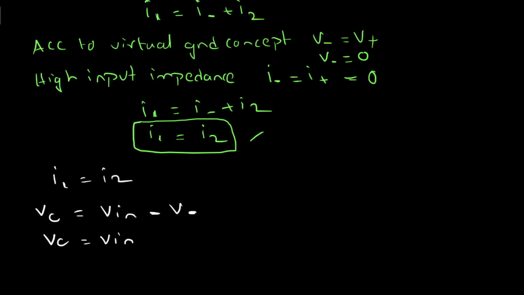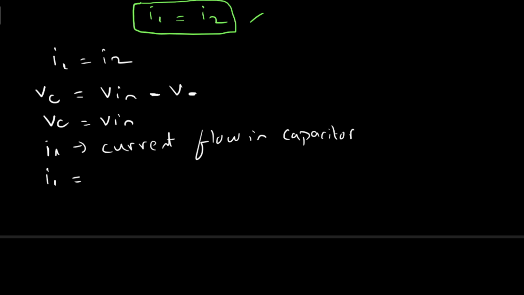Now we know that I1 is the current flowing in the capacitor. So I1 can be written as C times d by dt of Vc of t.